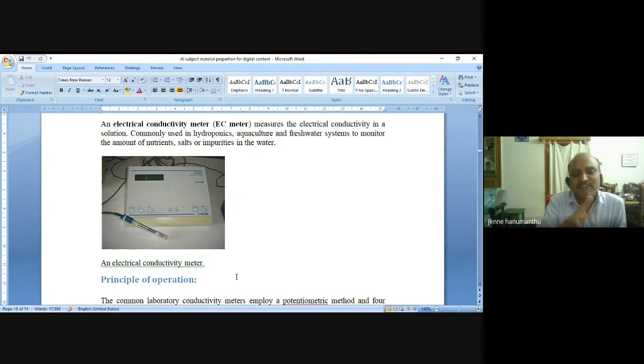There will be a difference in wavelengths, or a difference in intensity, phase, or frequency. Any one of the parameters is going to change. Based on that parameter, you have to measure the unknown conductivity of the solution.